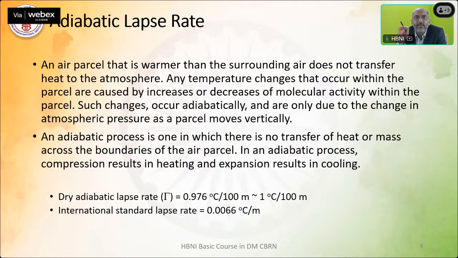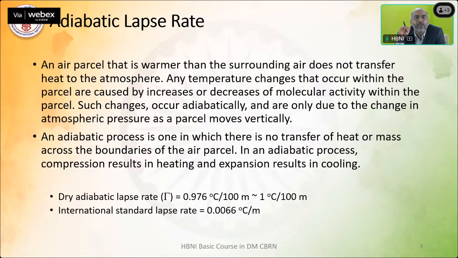You get it? It is the molecular activity within the parcel that is creating a temperature gradient inside the parcel. Such changes occur adiabatically and are only due to changes in atmospheric pressure as the parcel moves vertically upwards.